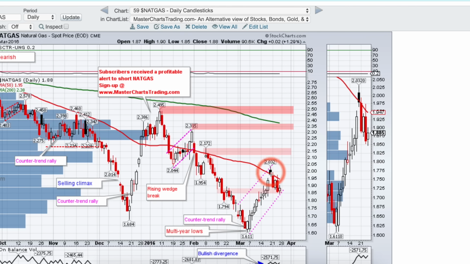But then we had this weird looking breakout above the 50-day moving average that failed so far, and then a continuation lower. I don't think we're done with this rebound. I think we may continue higher, and the first obvious resistance is right here at $2.172.